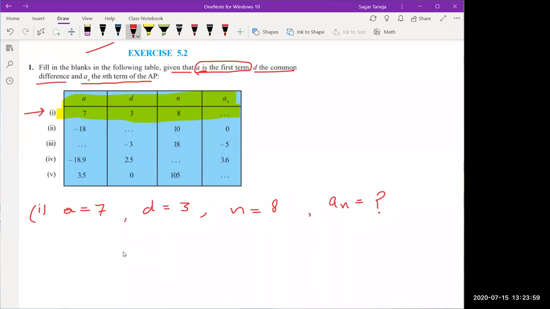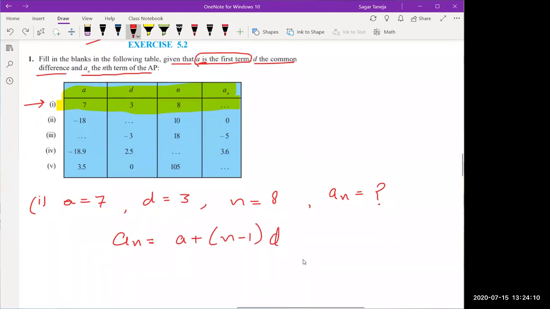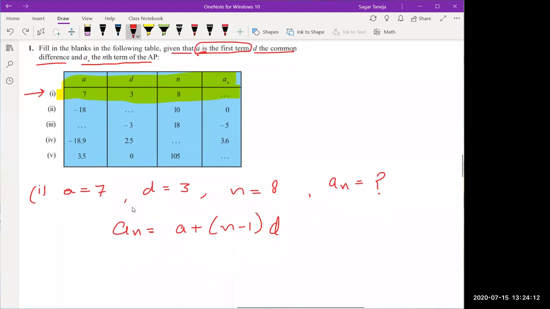So how to calculate the nth term? I have just now written the formula: an is equal to a plus n minus 1 d. Very simple. Here n is given 8, so we are calculating the 8th term, because the 8th term is our last term, as the number of terms in the AP is only 8.